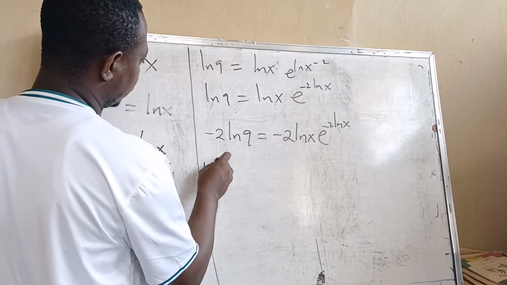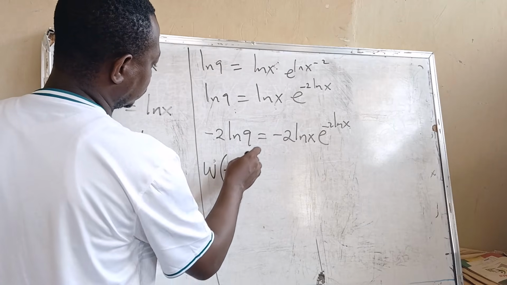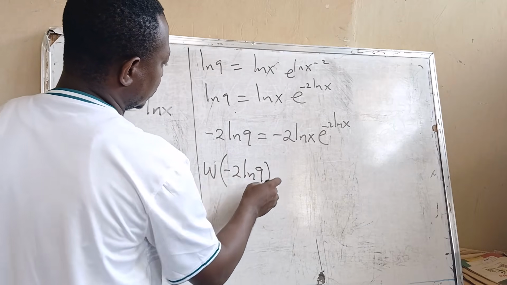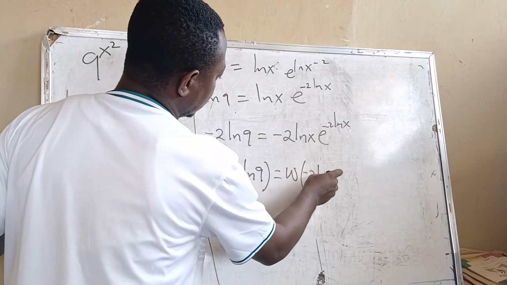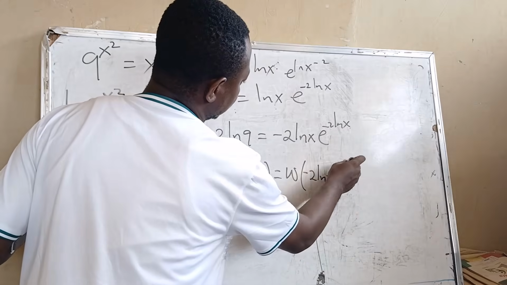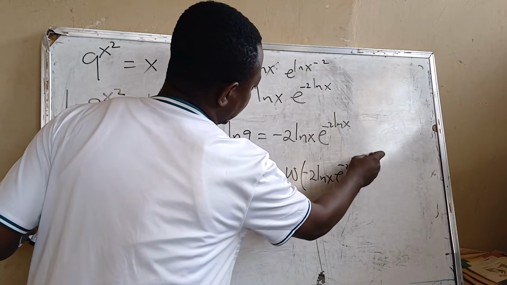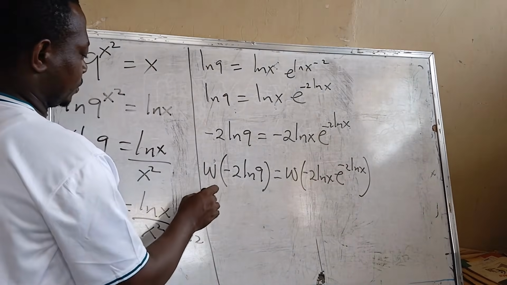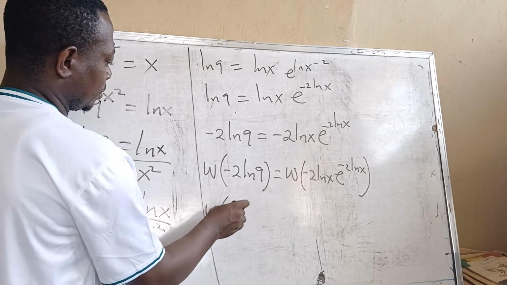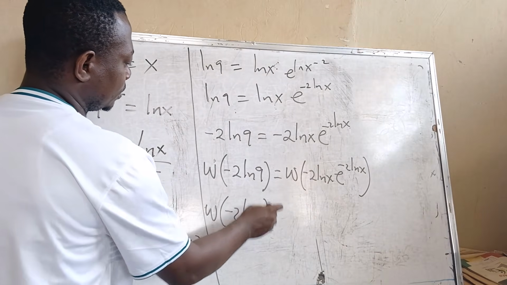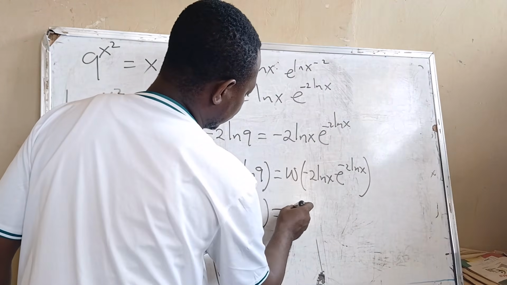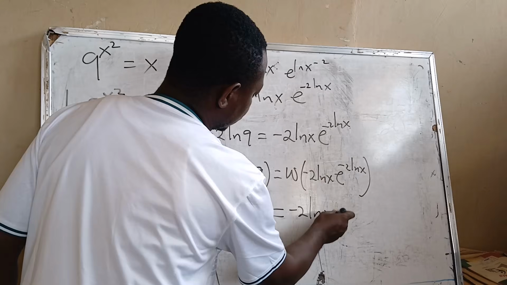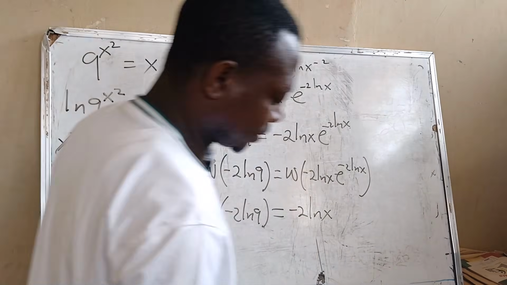That will be the W function of minus 2 ln of 9. We have the W function of minus 2 ln of x times e raised to minus 2 ln of x. Remember, the W function of this times e raised to that, the result is one of them, minus 2 ln of x. As simple as that.